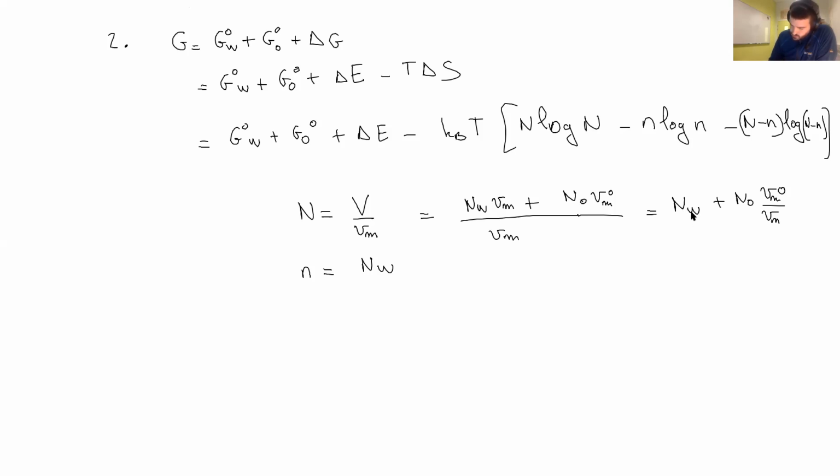small n, or n water, is both in capital N and in small n, but it is not in N minus n. N minus n is equal to N minus n water here, okay? And so N minus n water is equal to the number of oil molecules and the ratio of molecular volumes.